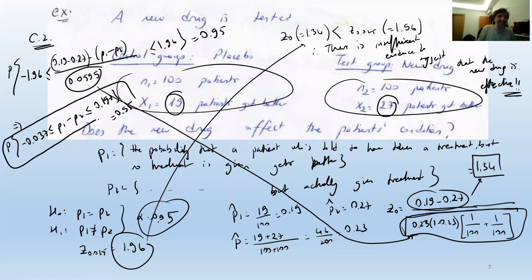So note that since this interval includes 0, therefore, it is possible that P1 minus P2 is equal to 0, which is suggested by the null hypothesis.